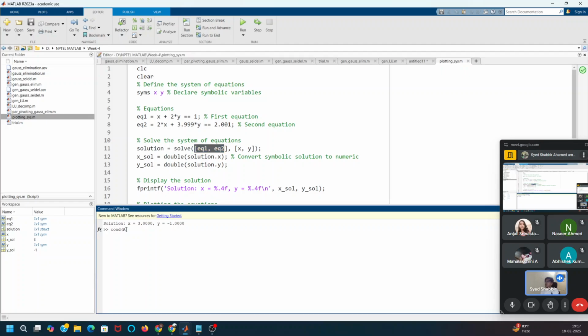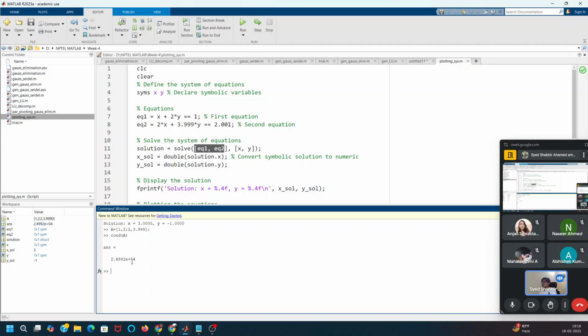Let's say I'll give A as 1, 2, and this is 2, comma 3.9, and 1, and I'll check the condition number.